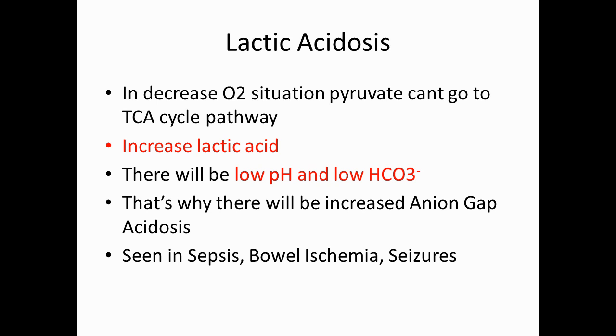This is seen in sepsis, bowel ischemia, and seizures. In seizures, there will be hypercontraction of muscles, so they cannot use oxygen, so pyruvate will go to the lactic acid pathway, so there will be a high level of lactic acid and it will end up in lactic acidosis. That's why we will see lactic acidosis in seizure patients.